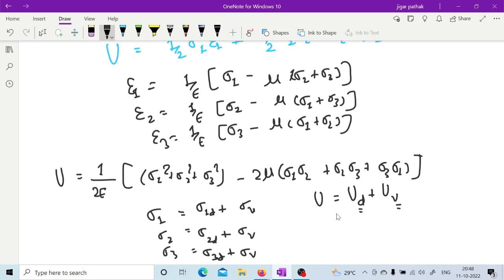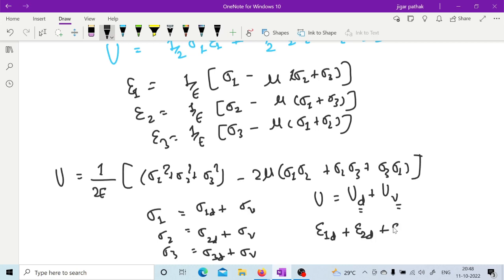So strain energy itself is divided in two parts: one is going to take part in only what we can say is distortion, and the other is going to take place in volume change. When you are considering only distortion, the part which is related to only distortion and is not going to change the volume, the strain will also be 0.